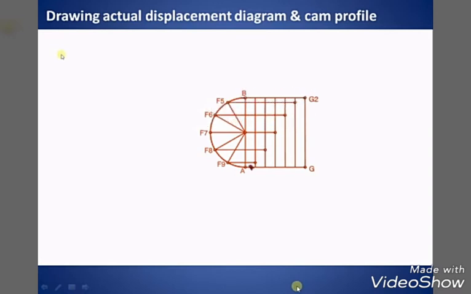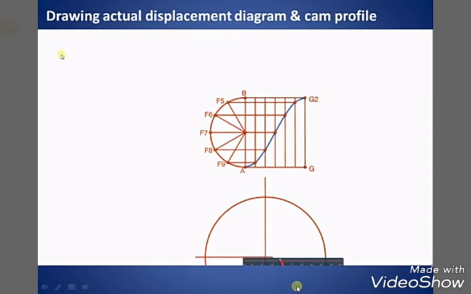And draw the smooth curve joining these points. Now draw the base circle. Divide this circle into 6 equal parts for the outstroke.